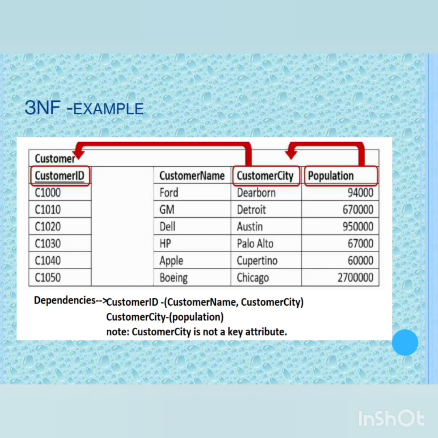So city and population go hand in hand, that is they have a direct relationship, but any customer can be in any city and that city may have any number of population. So this is how we find out how transitive dependencies exist in a table. To avoid these transitive dependencies, we split the table into two.